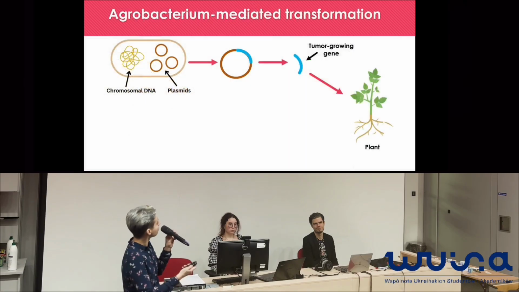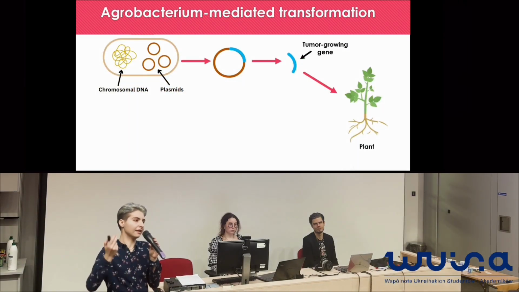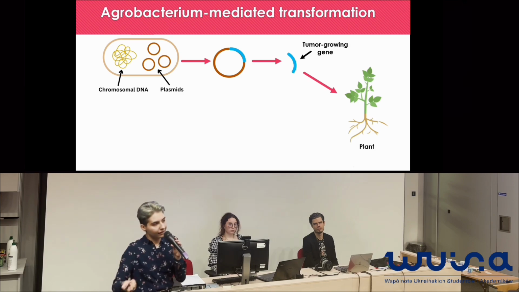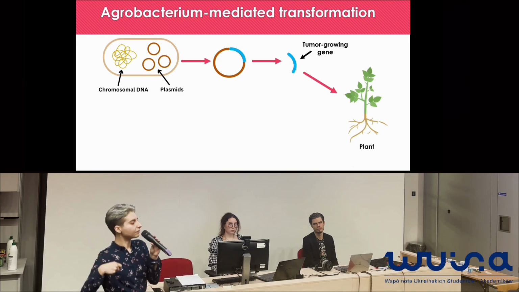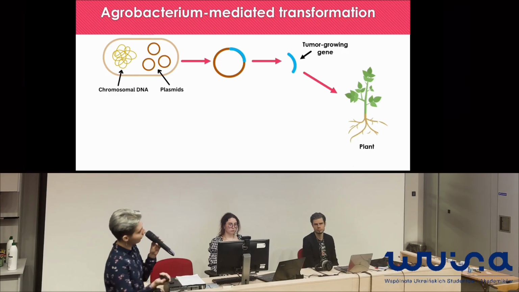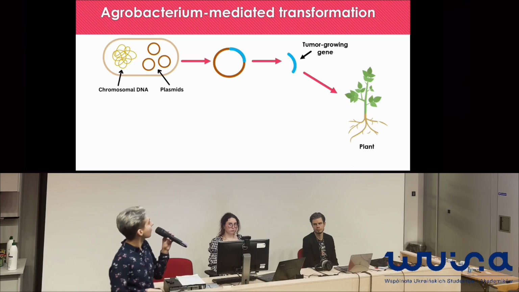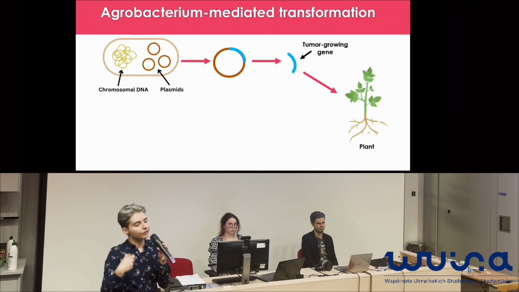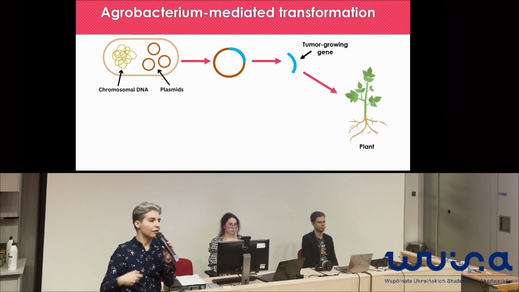So this is how this process looks in schematic. As I said, DNA is the material that gathers all the information about functions in an organism, but it can be present in different forms. You may know about chromosomes.